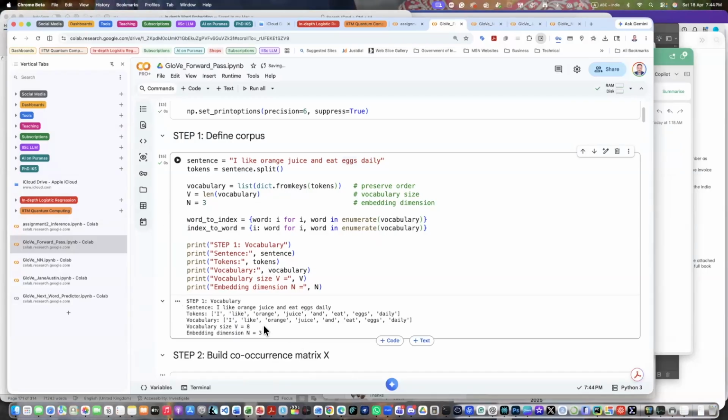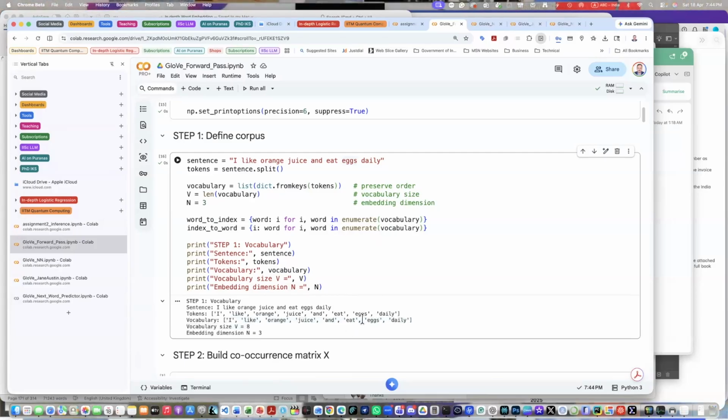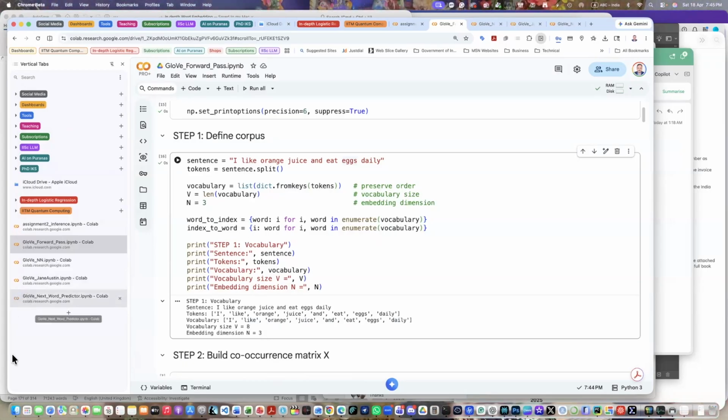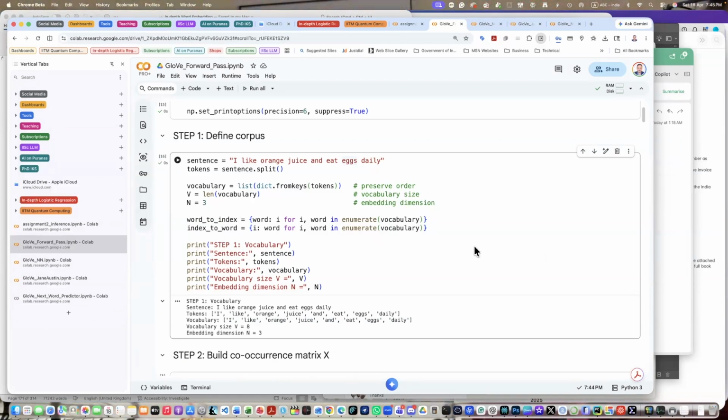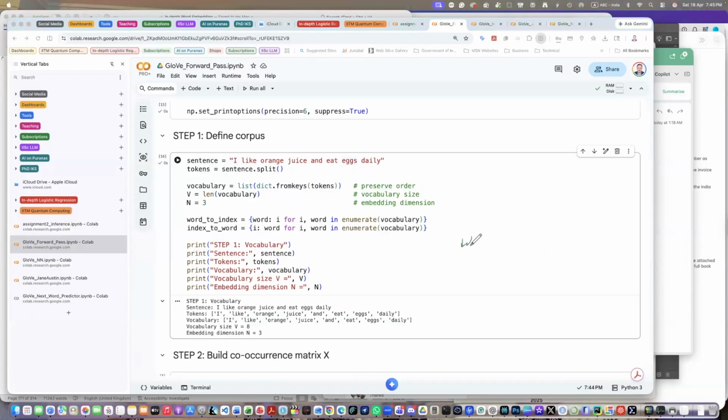From these tokens, every word is basically a token, and so the vocabulary size is 8. There are 8 words, and I want to make embeddings of size 3. You know that I can control this. To make you understand, let's say I have the word like, and I want to represent it in the vector space.